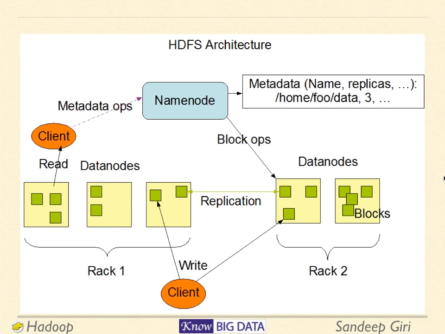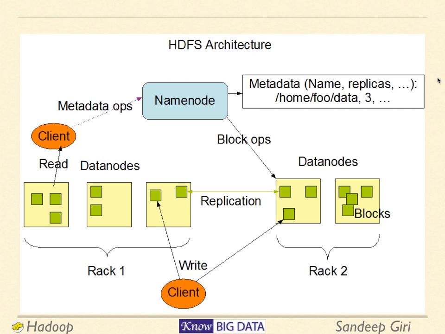People from open source and from Yahoo, specifically Doug Cutting and Mike Cafarella, picked up that paper and wrote an equivalent open source system, the Hadoop Distributed File System, so that they can store very huge files and read and write really fast.